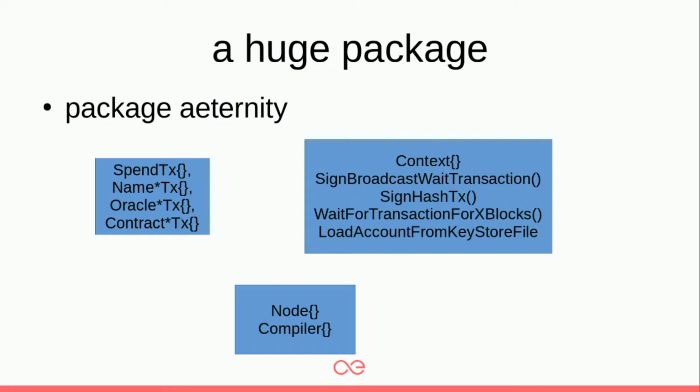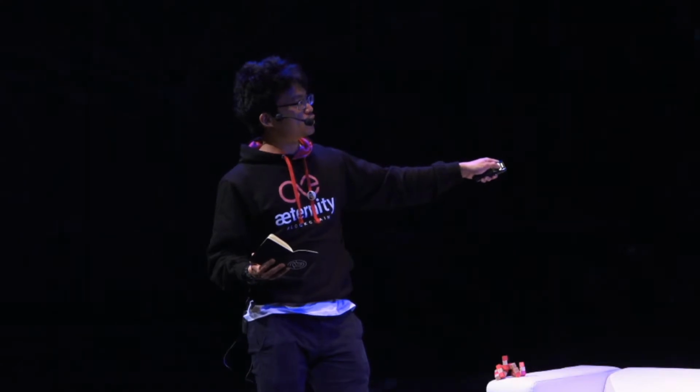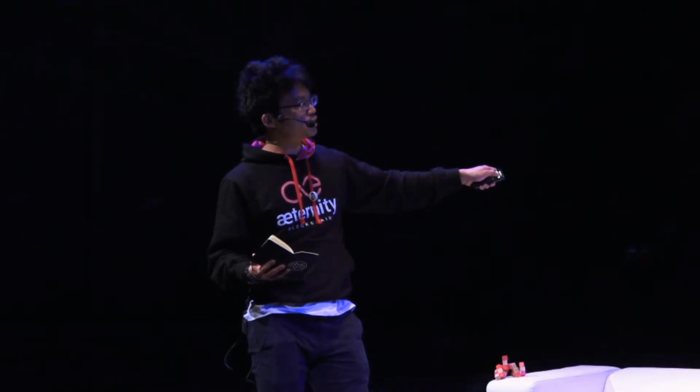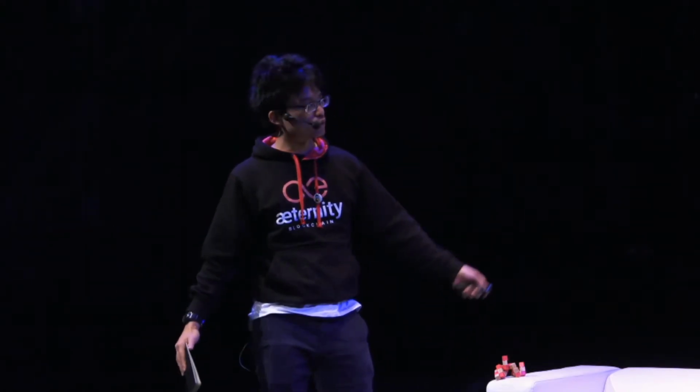We have the connection to the node and the compiler, and we have the functions which are useful for a user of the Go SDK. These ones you have already seen before. This load account from key store file function, as you can imagine, loads the account from a JSON file that you have stored on your disk.